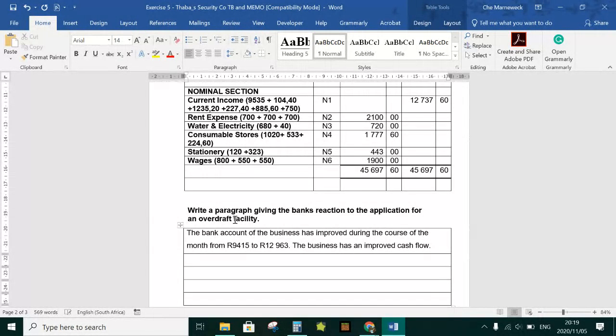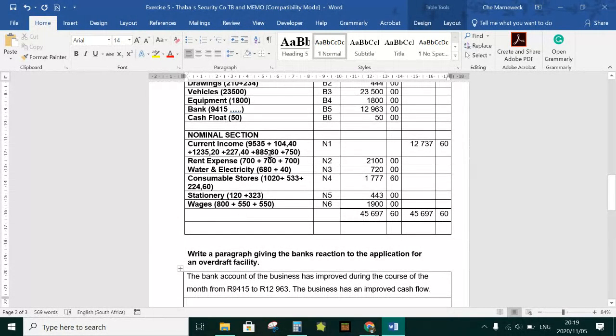That's good. We want to look at income versus expenses. They've made 12,700 Rand. And we look at what they've spent. 2, say 3, 4, 5, 6, 7. So they spent 7,000. They've made 12,700.